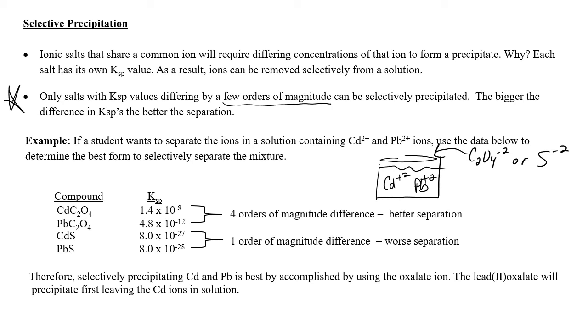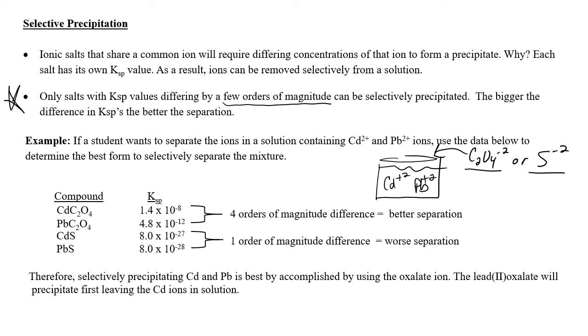Now, what we're looking for is one compound, the cadmium or the lead, to form precipitate and the other one to stay dissolved. So a large difference in solubility or a large difference in KSP values is going to help us to identify the best thing to add, either oxalate or sulfide.